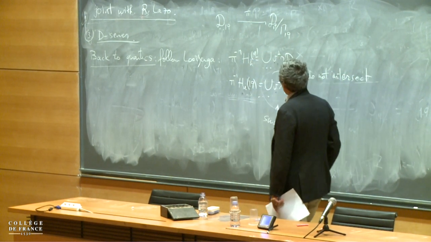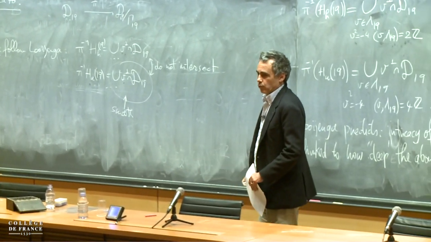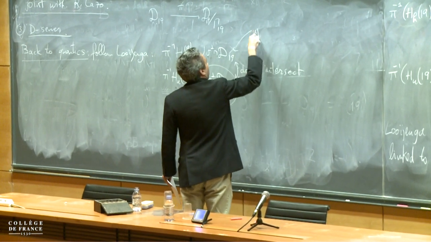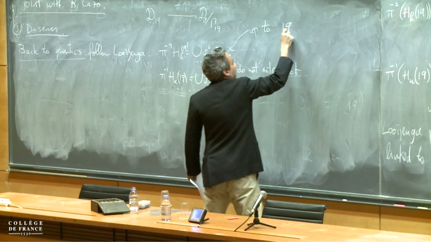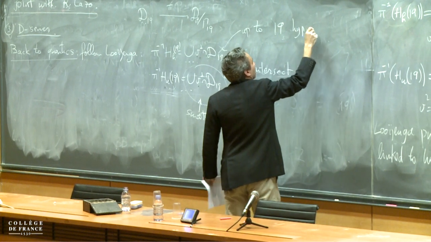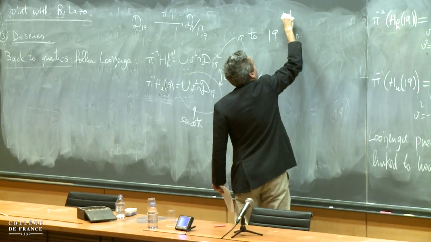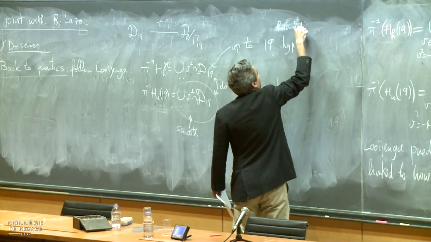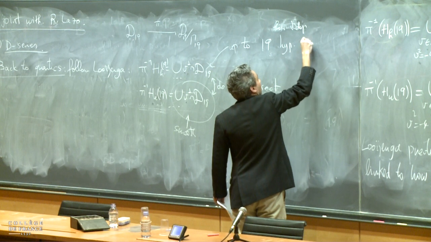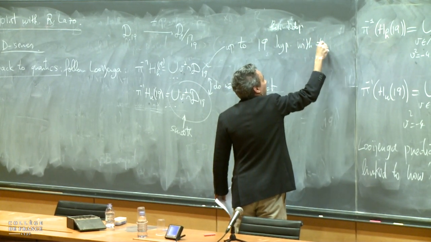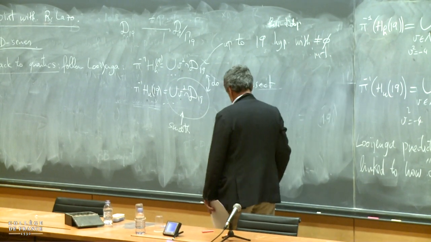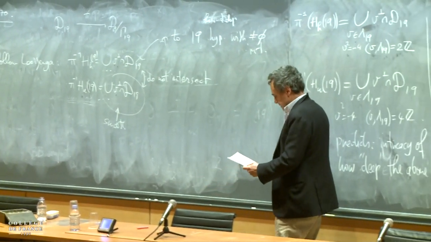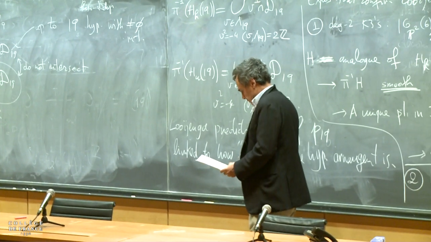But here you can have as many intersections as you want. So you go down to a point, up to 19 hyperplanes, distinct, linearly independent, okay? With non-empty intersection, okay? So from Looijenga's point of view, this is as complicated as it can possibly be.